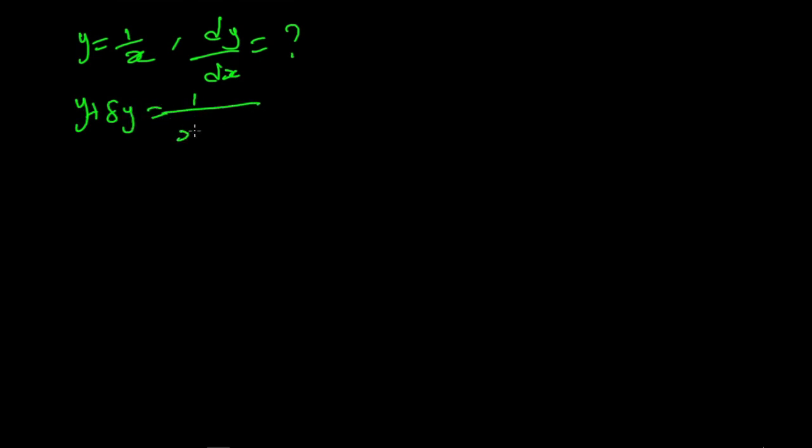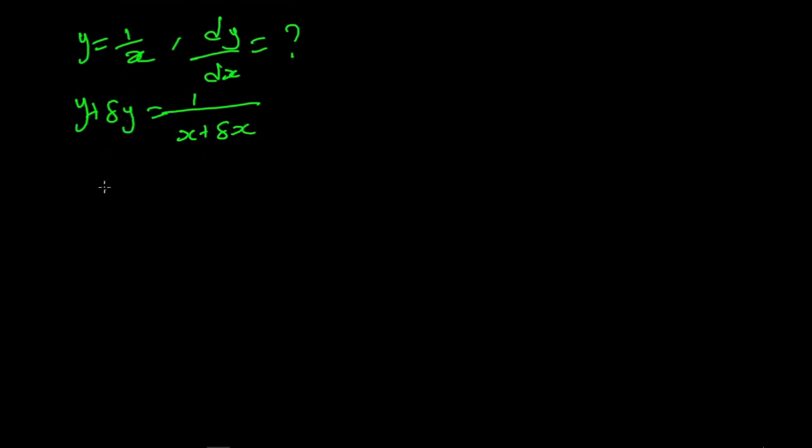The last example we'll be considering is, given y to be 1 over x, we want to find the derivative of this function. So just like other examples, we are going to introduce delta y and delta x to both sides. So we have y plus delta y, and that is going to be equal to 1 over x plus delta x.